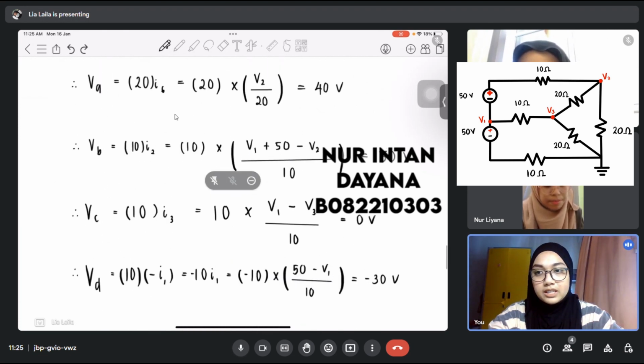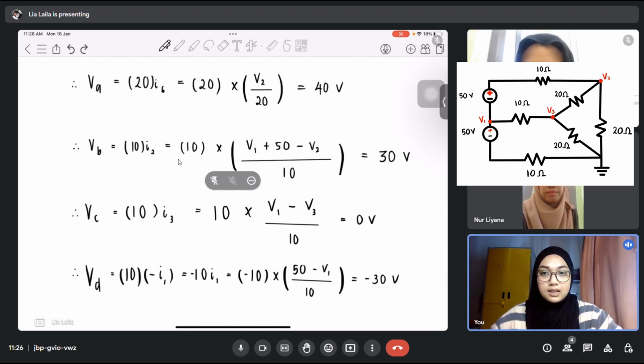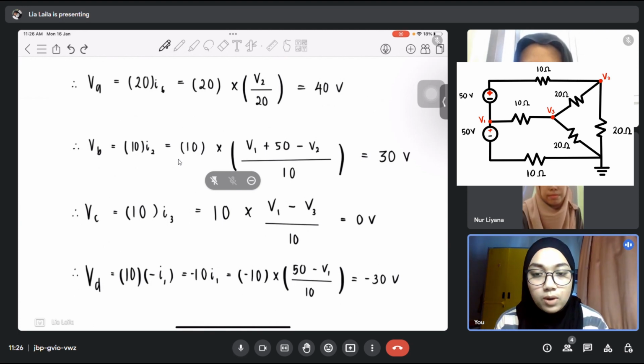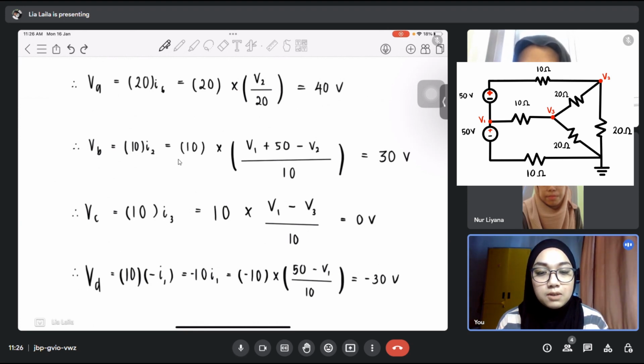So for the next one, VA equals 20 multiplied by V2 over 20, we will get 40V. And VB is 10 multiplied by (V1 plus 50 minus V2) over 10, we will get 30. And VC is equal to 10 multiplied by (V1 minus V3) over 10, we will get 0.